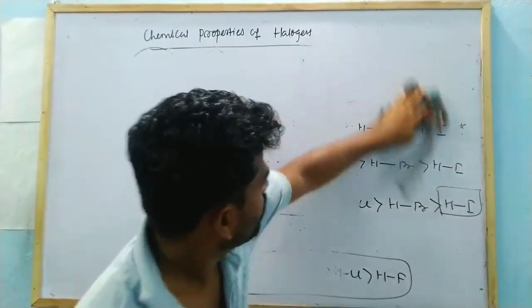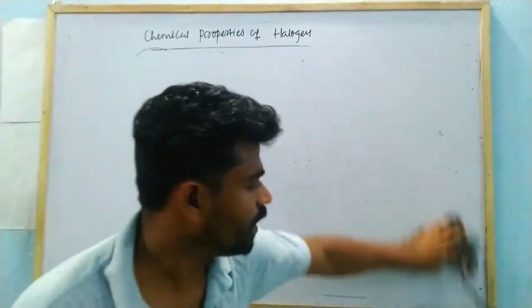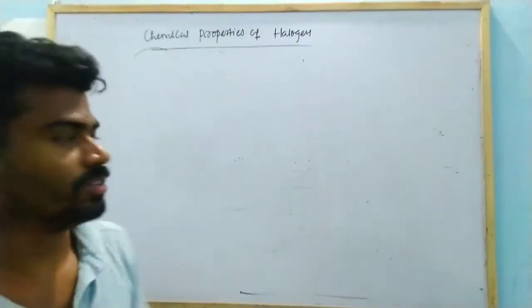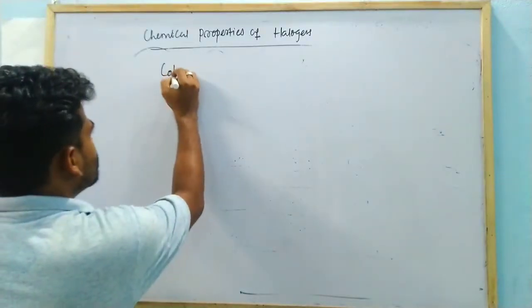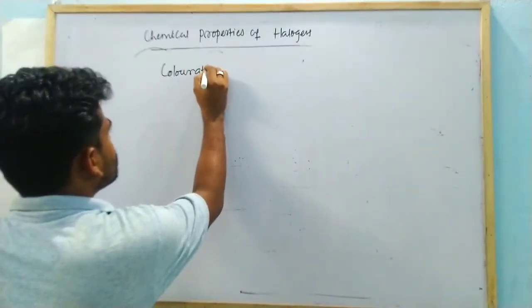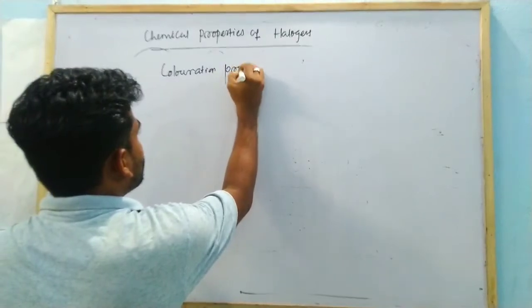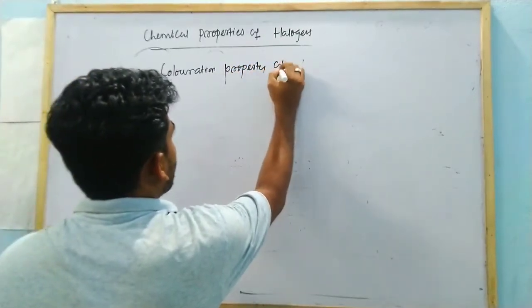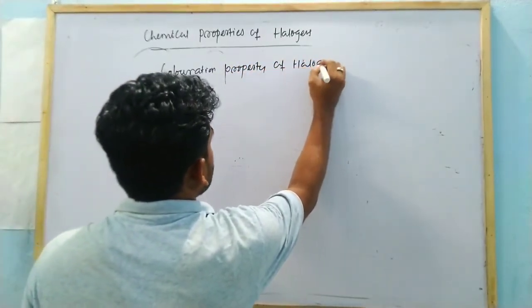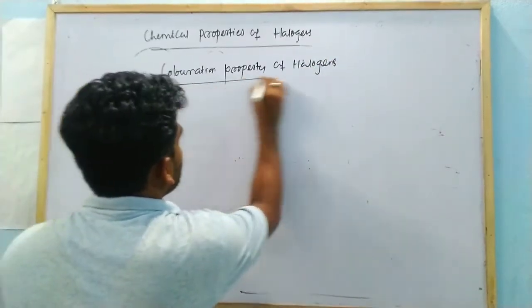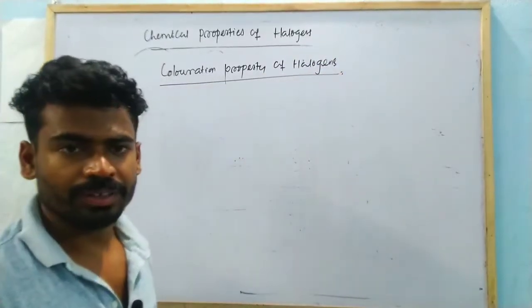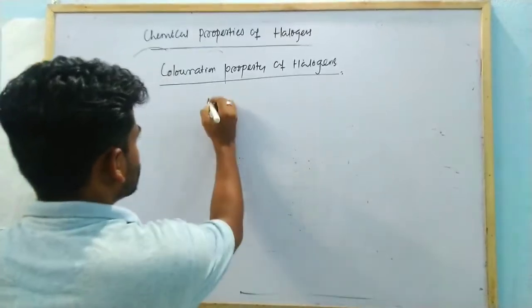Next our topic is coloration property of halogens. Okay, halogens are colored.